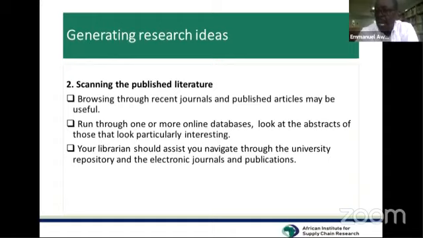Now, scanning written articles of journals, through electronic databases of your university, going through abstracts or areas of interest, is one way that you will end up with an idea striking that you might consider very important to pursue further for your investigation.